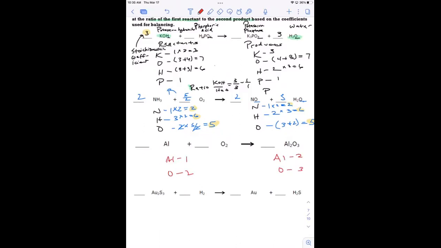Because again, balancing is kind of like an art. Sometimes your strategy is straightforward, other times it's not so straightforward. But the goal is always the same, to get the same number of atoms on both sides of the equation. What number could I use to balance both sides out?